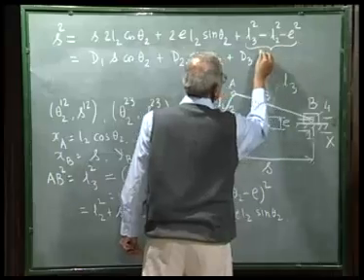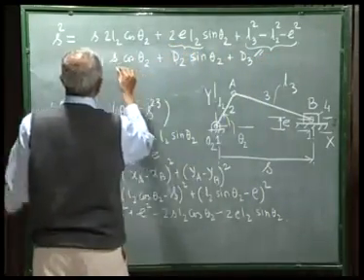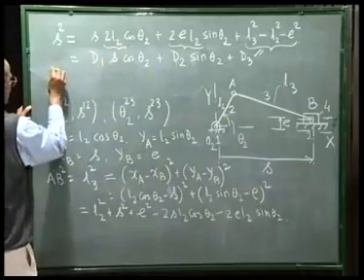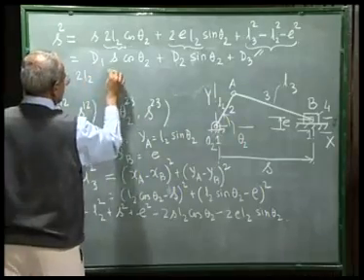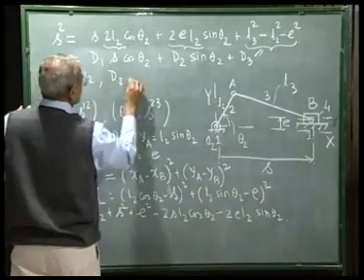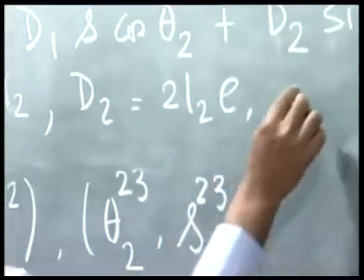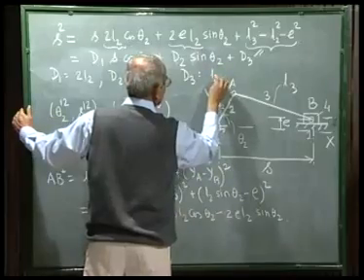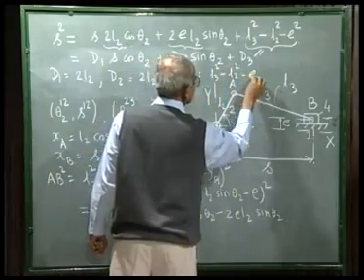This we replace by d3, d2 is this and d1 is 2L2, d2 equal to 2L2 into E, and d3 is L3 squared minus L2 squared minus E squared.